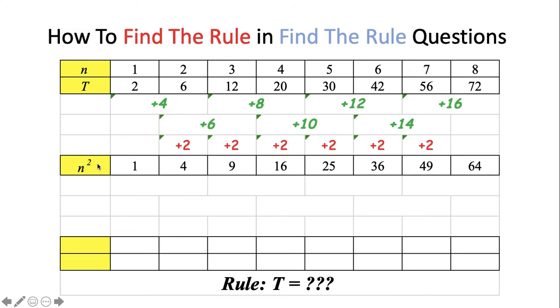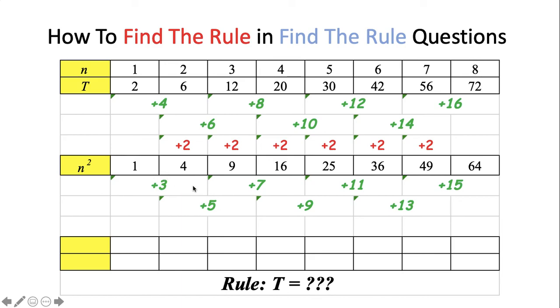If the rule was just n squared, then we get 1 squared is 1, 2 squared is 4, 3 squared is 9, 4 squared is 16, 5 squared is 25, 6 squared is 36, 7 squared is 49, 8 squared is 64. Now these aren't the numbers we want, because the numbers we want are 2, 6, 12, 20, 30, 42, 56, 70.